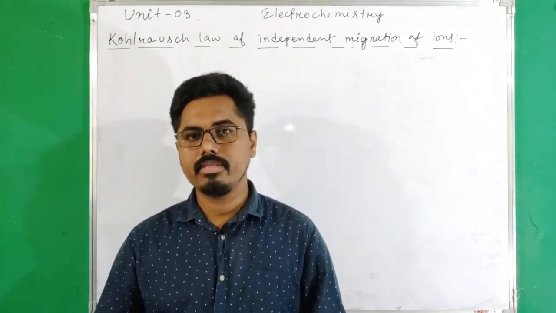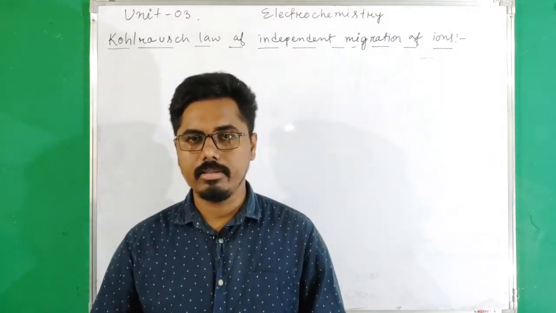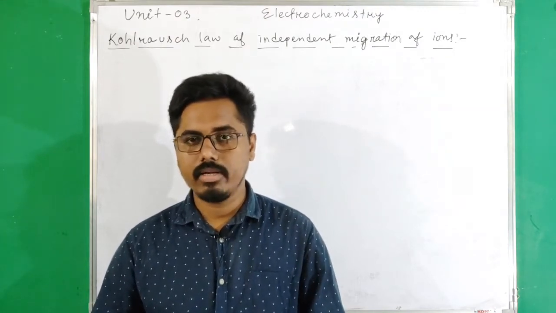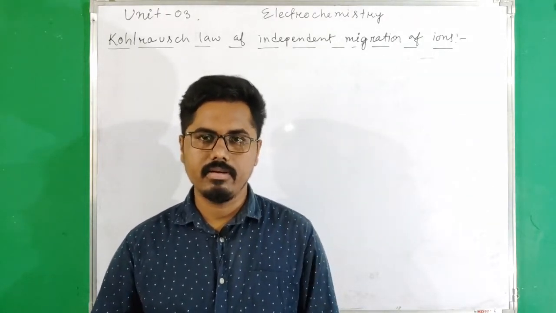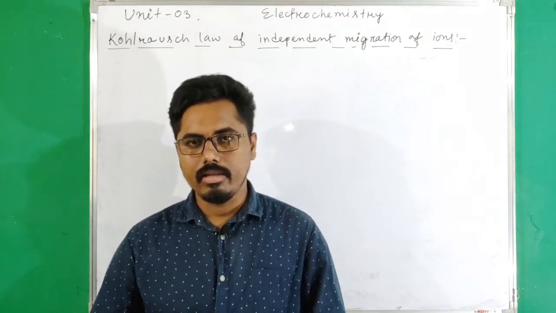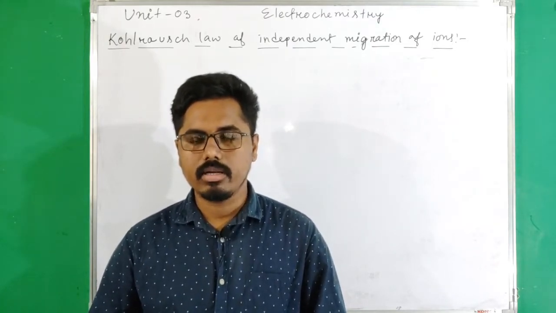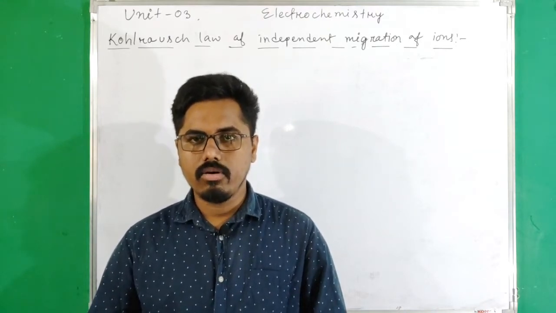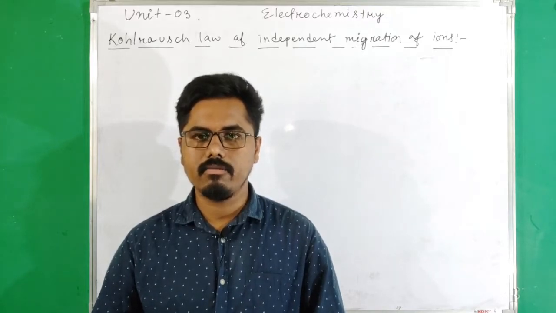We saw that the limiting molar conductivity of a strong electrolyte can be determined from the graph, but for a weak electrolyte we cannot, since the graph was exponential. The limiting molar conductivity of a weak electrolyte can be determined by using a law, and that law is Kohlrausch's law of independent migration of ions.